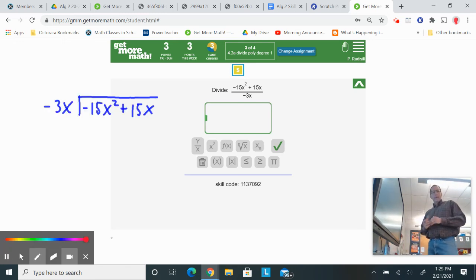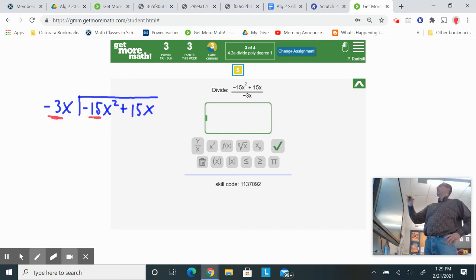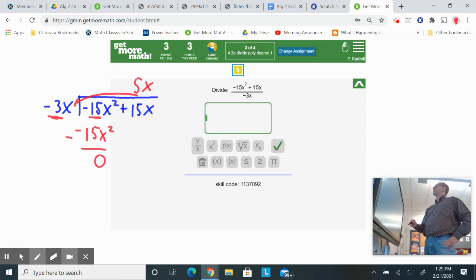So in this last example, we're dividing by negative 3x. So focused here and here. I need a 5. 5 times negative 3 is negative 15, and I need an x. So 5x, I think is going to be correct. So I'm going to multiply that. And I end up with 15x squared, negative 15x squared. So when I go to subtract that, you get 0.